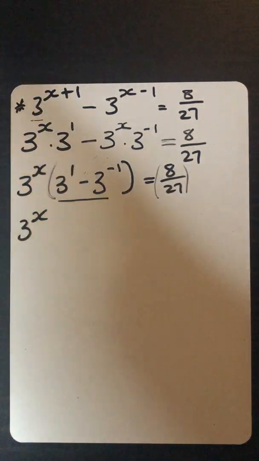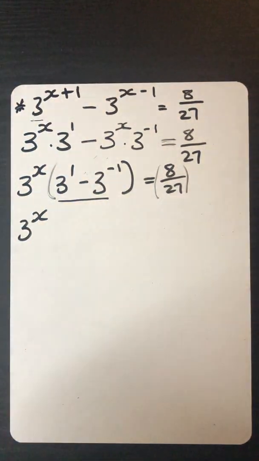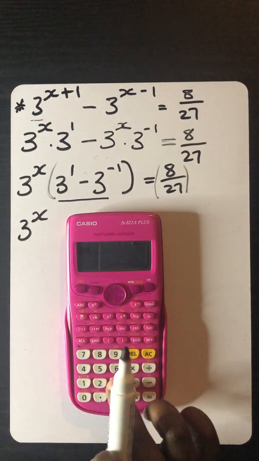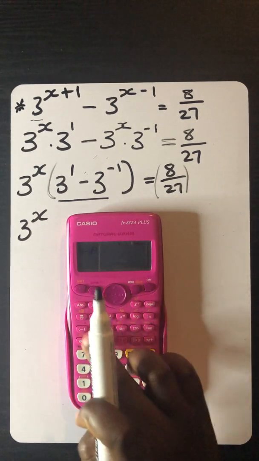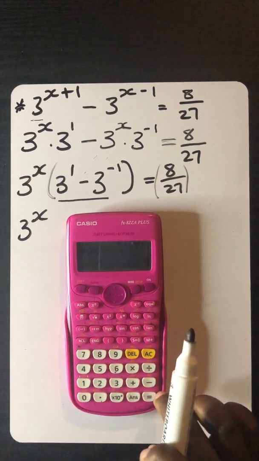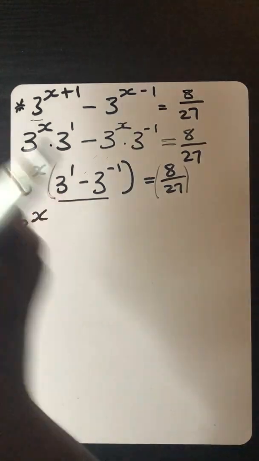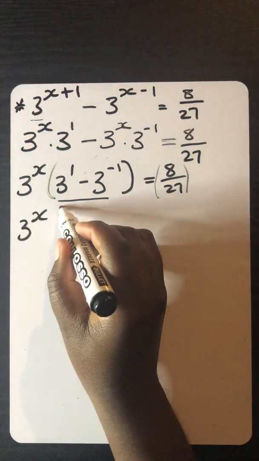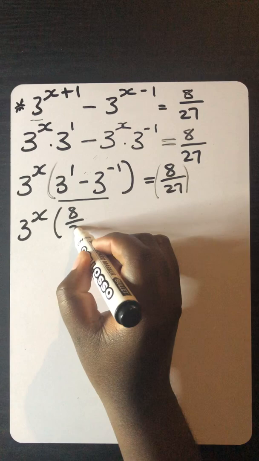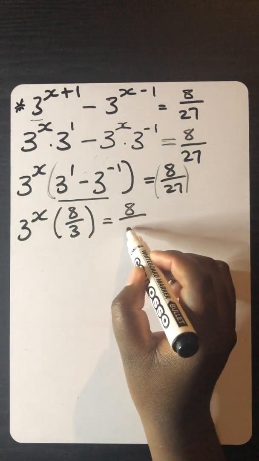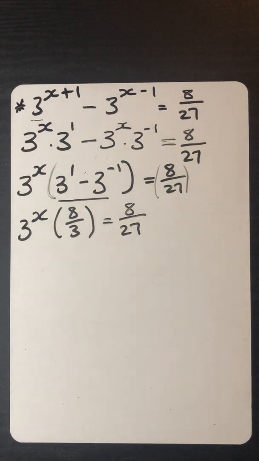So let me just quickly punch that on a calculator. You can just say 3 minus 3 to the exponent negative 1. Let's see what we get. We get 8 over 3. So we're getting 8 over 3, which is equals to 8 over 27.